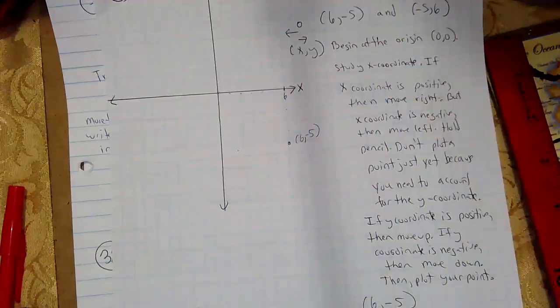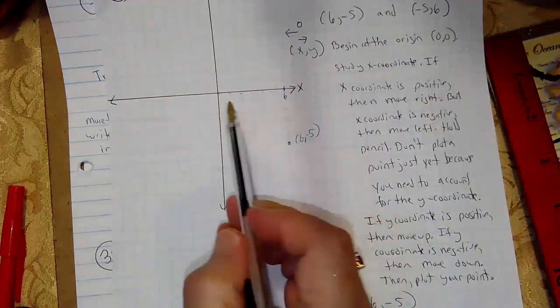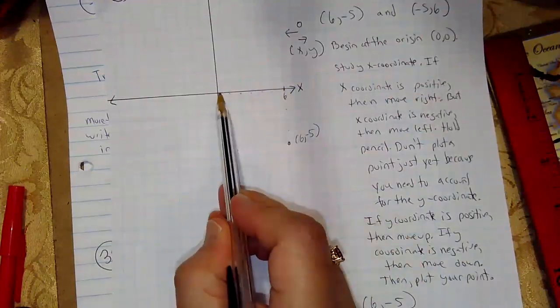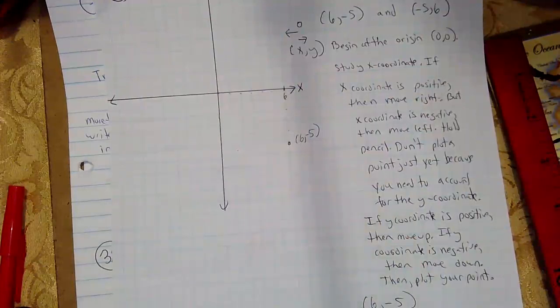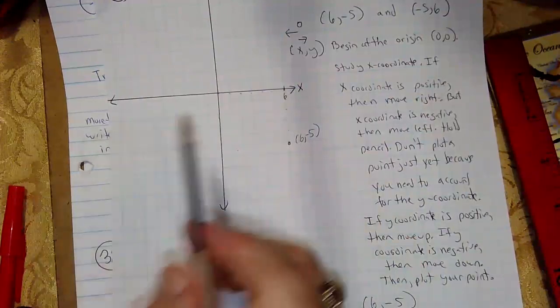Okay? And so then when I see here on the blanks, it says the ordered pair 6, negative 5 is located, and we want to say it's located 6 units from 0. So 6 units from 0 to the right, right?